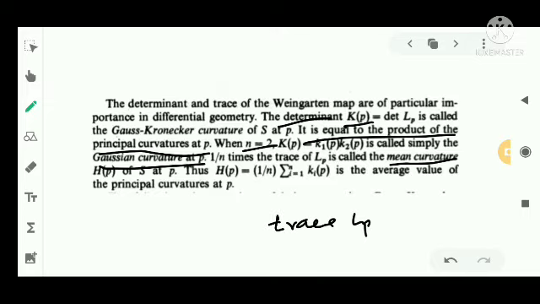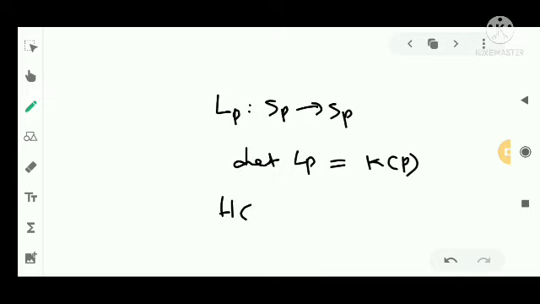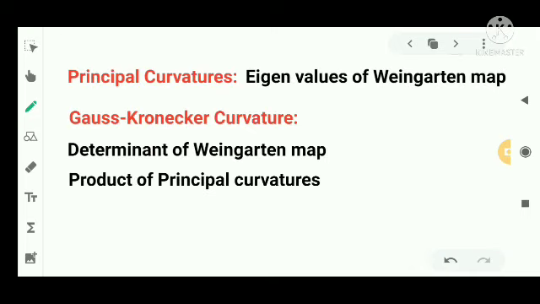That is, H(P) is 1/n times the summation of k_i, where k_i is the principal curvature. So we can conclude as follows. Principal curvatures are the eigenvalues of the Weingarten map. Gauss-Kronecker curvature is the determinant of the Weingarten map, or otherwise the product of principal curvatures.